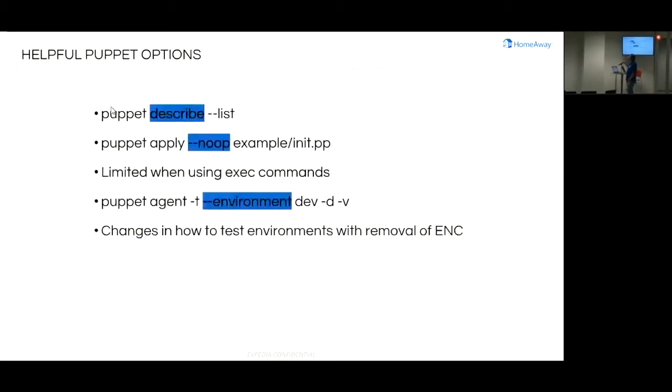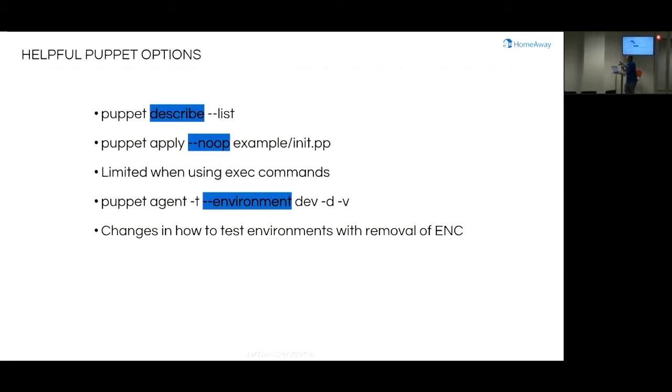I just threw these in there because these are newer things that I've been doing. Basically, you can see what something will do without actually having it apply. It falls down with Puppet exec, where you can execute commands or scripts or things like that. That's going to fall over if outside stuff is done in there. It's not really going to know exactly what's done there, but you can do that to get an idea.